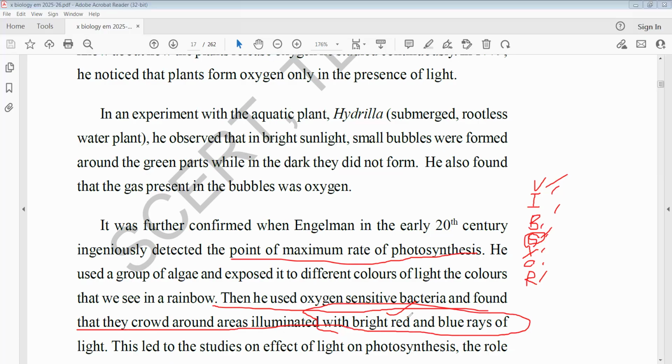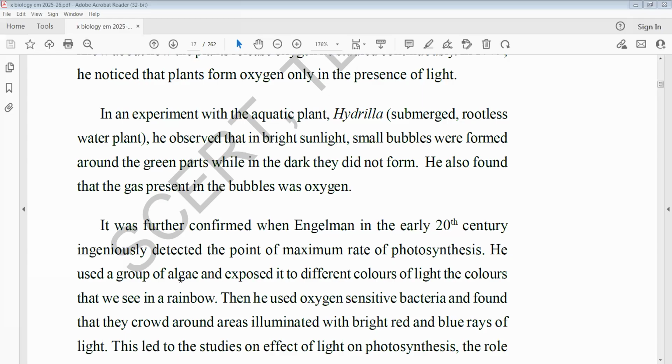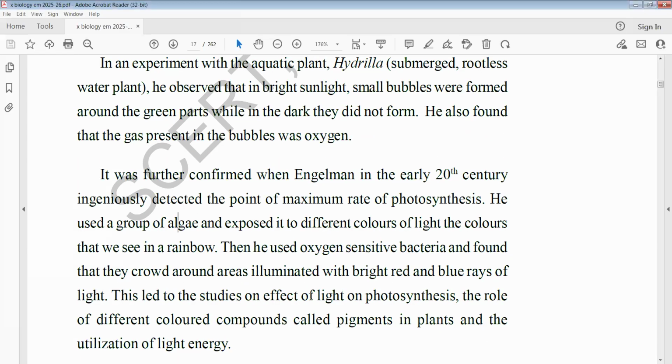By this experiment we can conclude the important characteristic feature of light in photosynthesis. Keep in your mind, plants are green because they reflect the green light. The remaining colors are all absorbed by the plant.